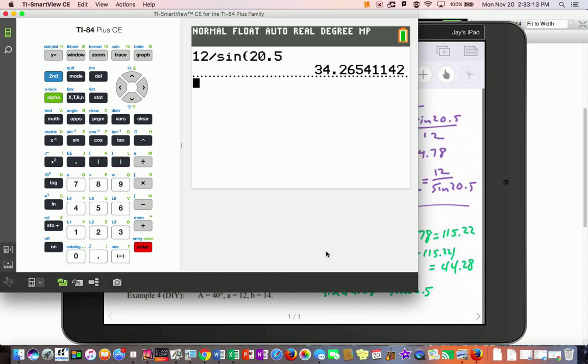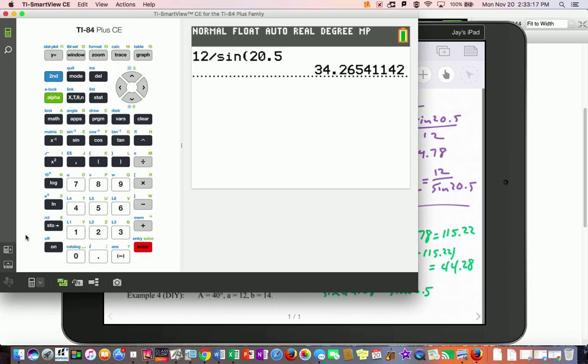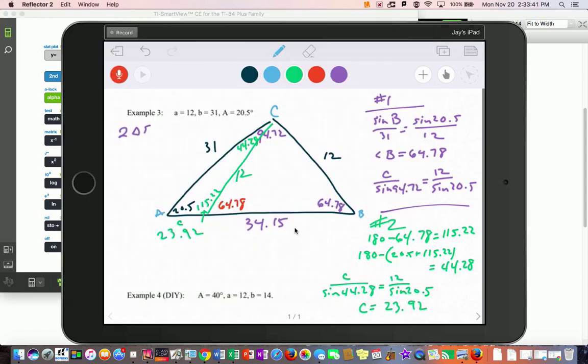Now you're going to multiply by this denominator, so multiply by the sine of 44.28. And I'm getting 23.92. So there you go. Once you found this regular triangle here, swing that side in, use isosceles, and do that.